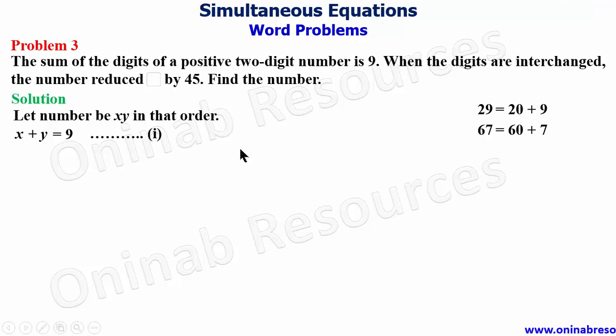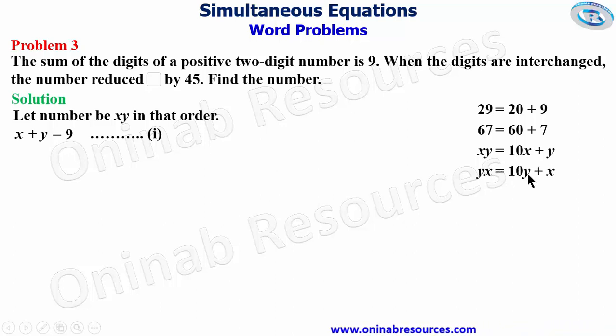In the same way, we are going to look at xy, so that xy is going to be 10 times the tens digit, which is 10x, then plus y, which is the unit digit. If we interchange the digits, we have yx, and that is going to give us 10y plus x.